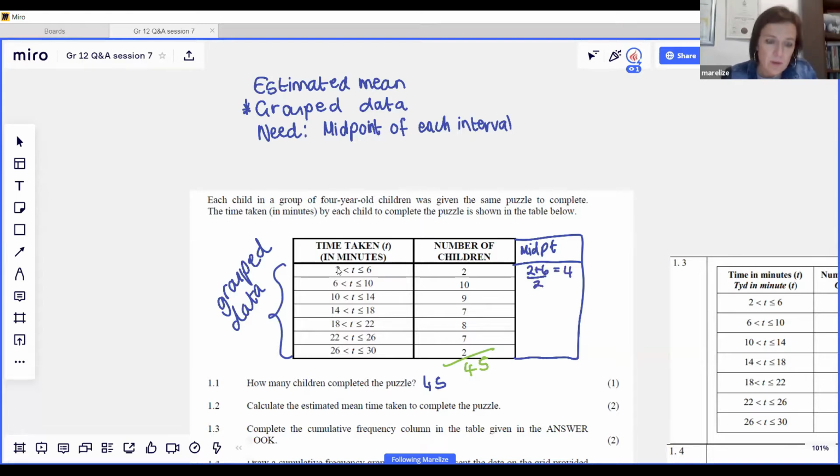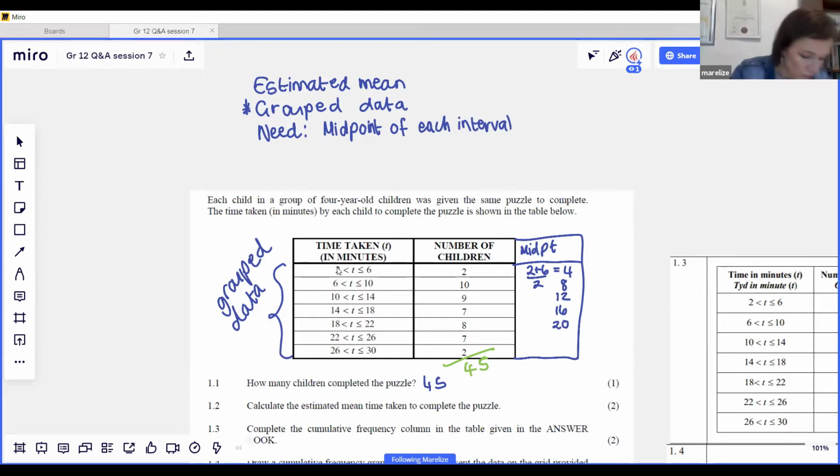And then you do the same for each of these intervals. So 6 plus 10 is 16 divided by 2, so that's 8. 10 plus 14 divided by 2 is 12. 14 plus 18 divided by 2 is 16. 18 plus 22 divided by 2 is 20. 22 plus 26 divided by 2 is 24.